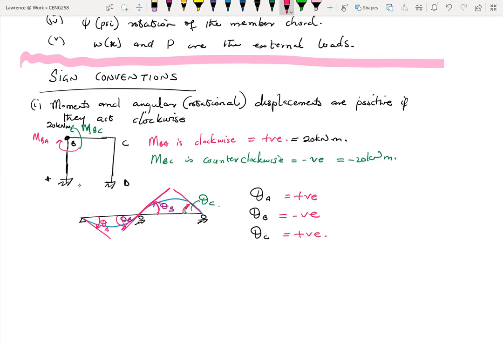And the next sign convention to look at is the displacements or the settlements.